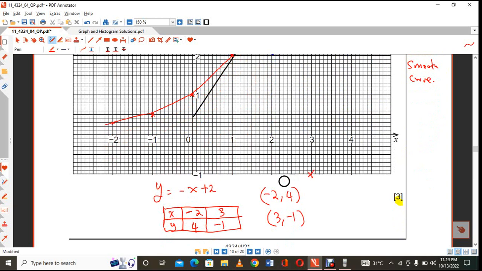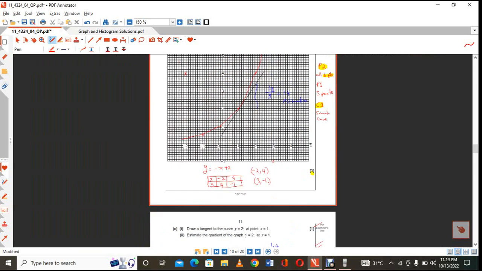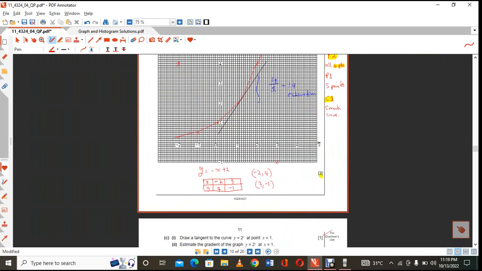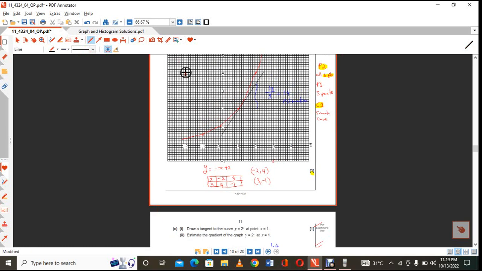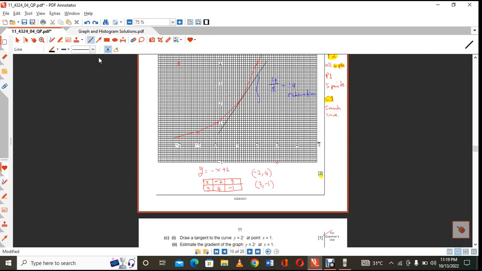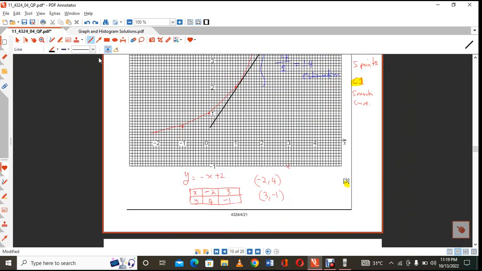Now that I have my 2 points, I can make my graph a bit smaller, just so I can draw the line. Then I will use my ruler to join this point all the way with that point. It's a little bit out, so let's make it a bit bigger.